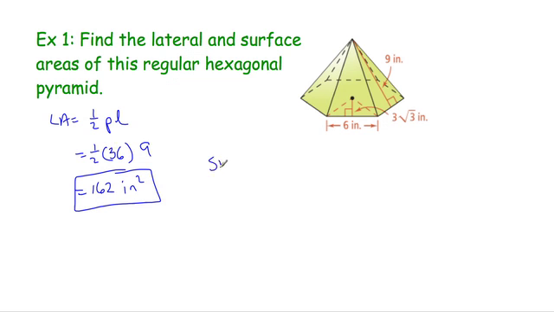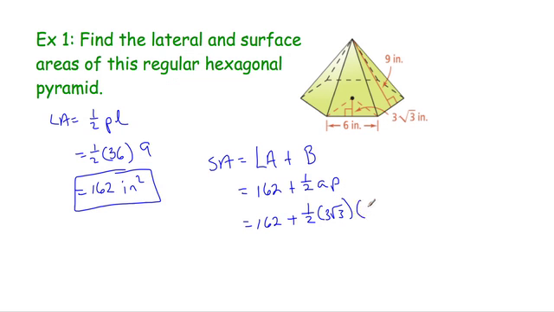So now we have surface area. The surface area is our lateral area plus the area of the base. So we have 162 plus, what is our base? It's a regular hexagon, so we have 1/2 AP. So 162 plus 1/2 times A, our apothem, which is 3 radical 3, times our perimeter, which this time is 36.